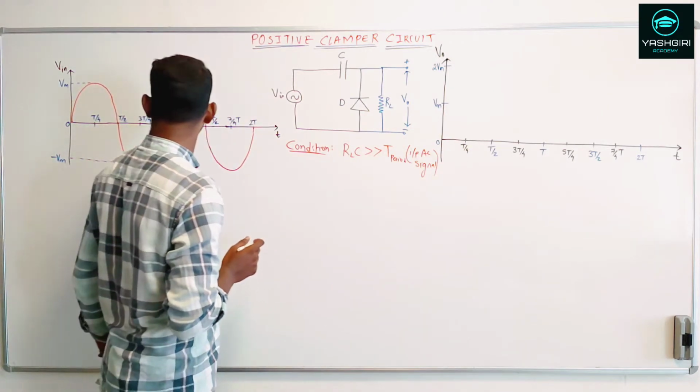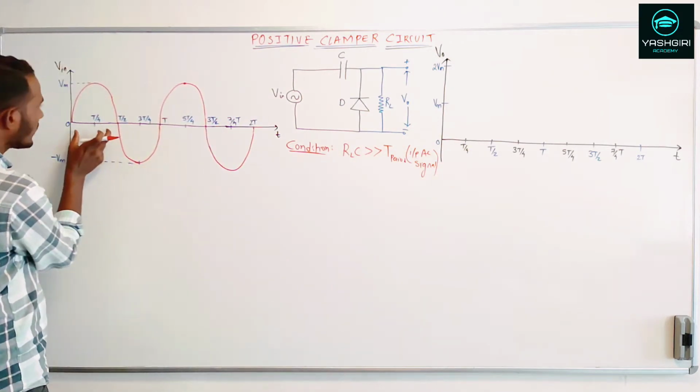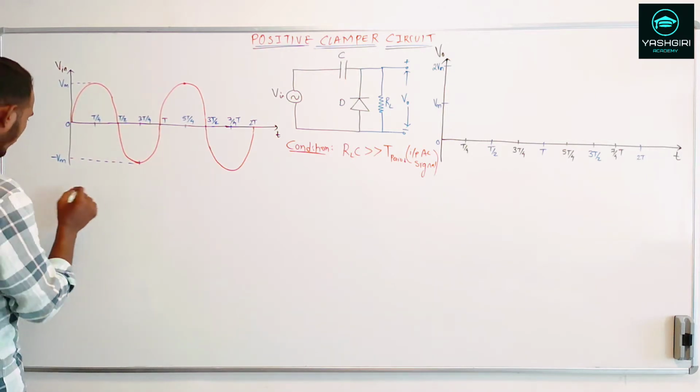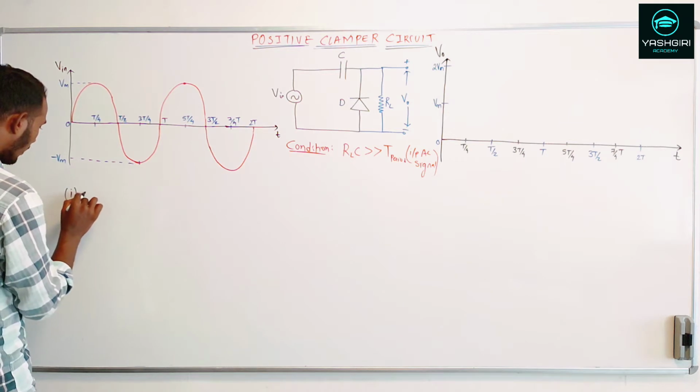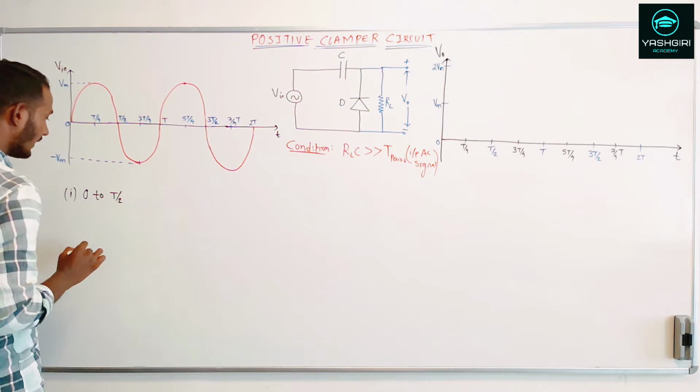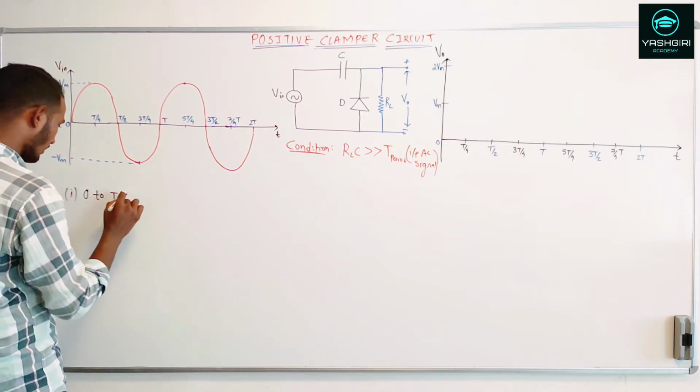Let's go with the time period from 0 to T/2. That is the positive cycle.